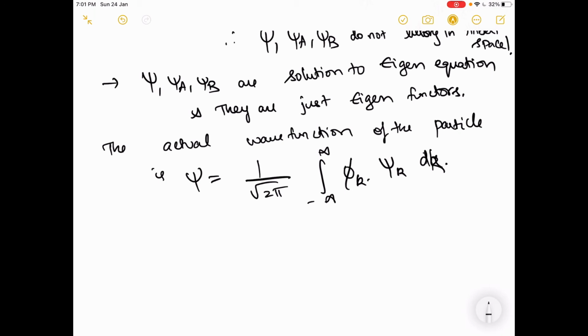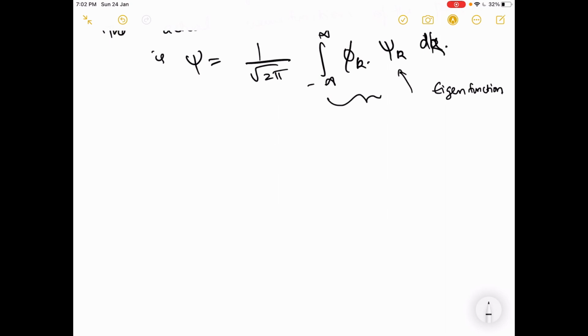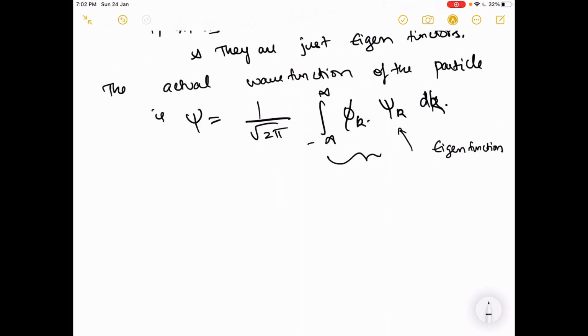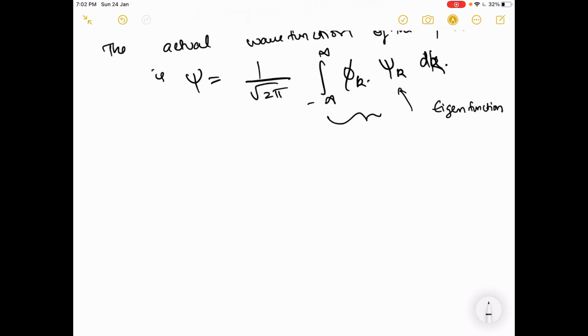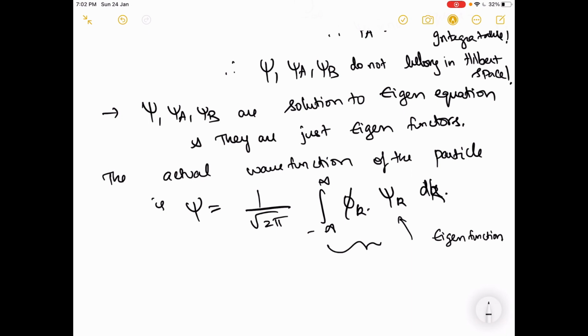So the actual wave function is a Fourier summation or a Fourier integral of the eigenfunctions, and it is this which is a particle. It is something which is localized in space, and hence this summation can be proved to be normalizable, whereas the eigenvectors, that is the plane waves, are just not normalizable.